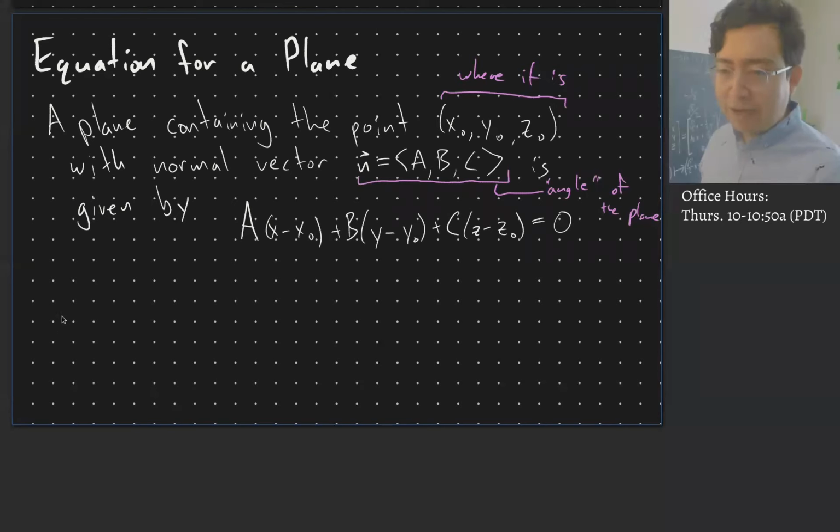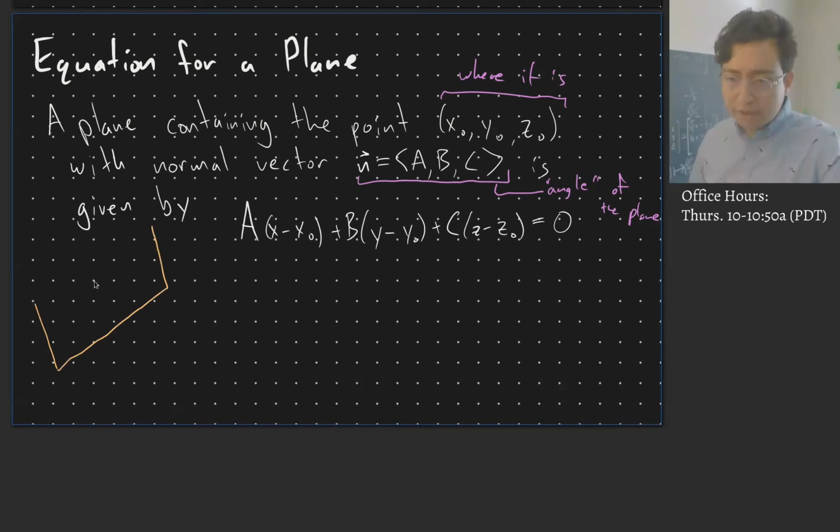So let's imagine you have this plane living in your three-dimensional space. Actually, I want to make this a little bigger. So let's say you have something like this. This plane is living in three-dimensional space.